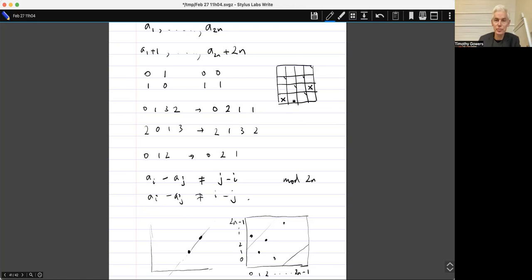I'll put a different symbol in for ruling out a white square, a little line like that. So I can't do that, can't do that, can't do that, can't do that, can't do that, can't do that. And so all that's left, that was black, but that's now been ruled out. So there's just one white square left.